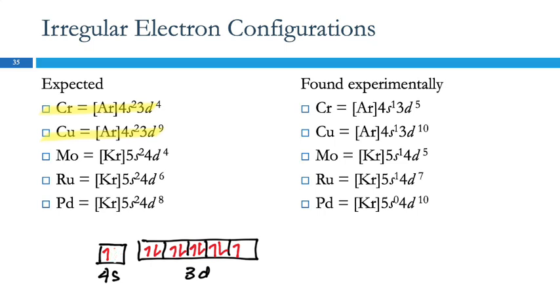This one moves up here. Other elements have irregular electron configurations too. It's not only these 5. These are the 5 that the book mentions, and I think only the first 2 are worth space in your brains. Now, if you have a homework question that asks you for one of these other ones, and you do it the regular way and it says it's wrong, you can look in the book, and it does tell you these other guys.